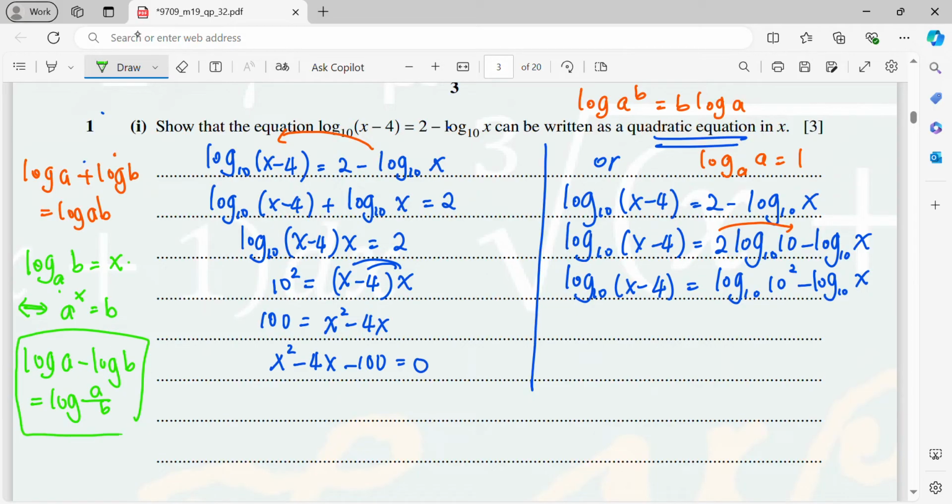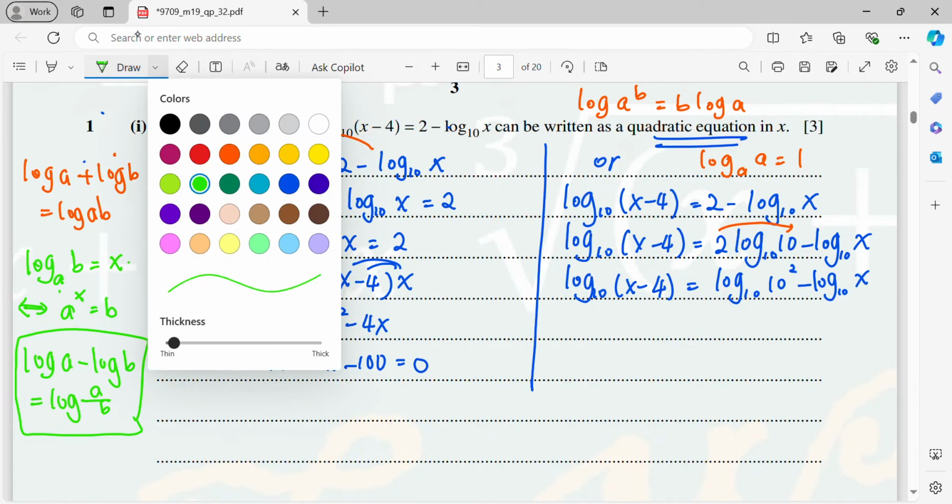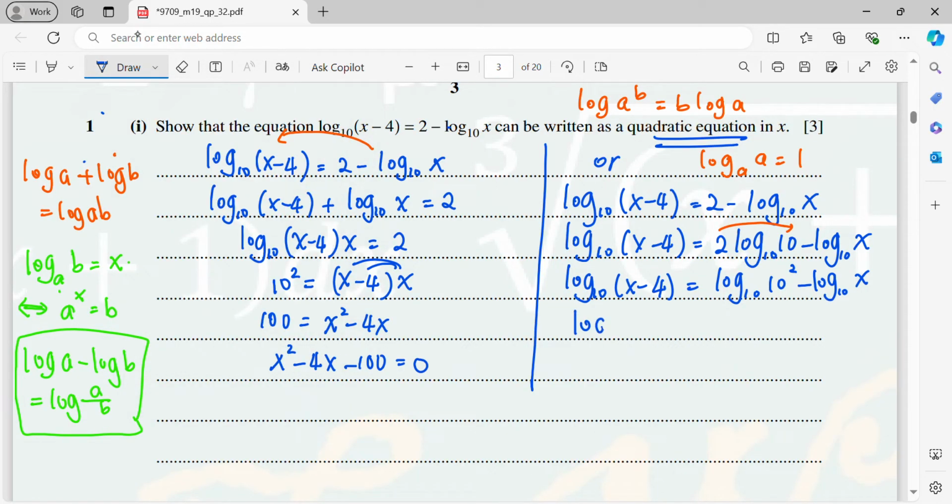So I'm going to apply this formula now. That is going to be log10(x minus 4) equals log10 of 10 squared over x. Since you are getting log both sides, you can just ignore the log. Then I will get x minus 4 equals 10 squared, which is 100, over x.